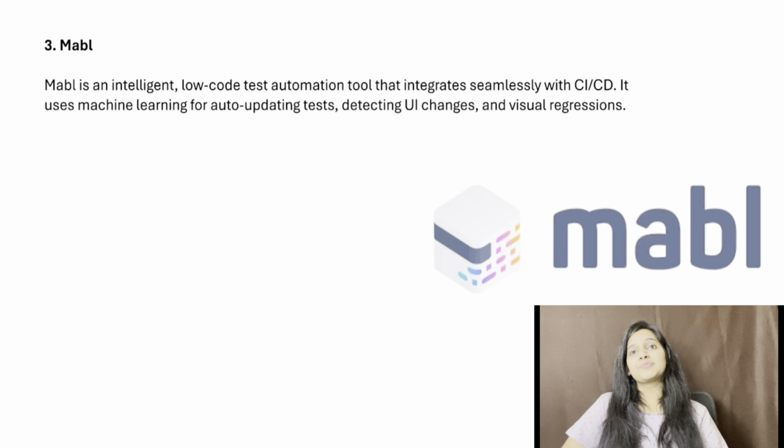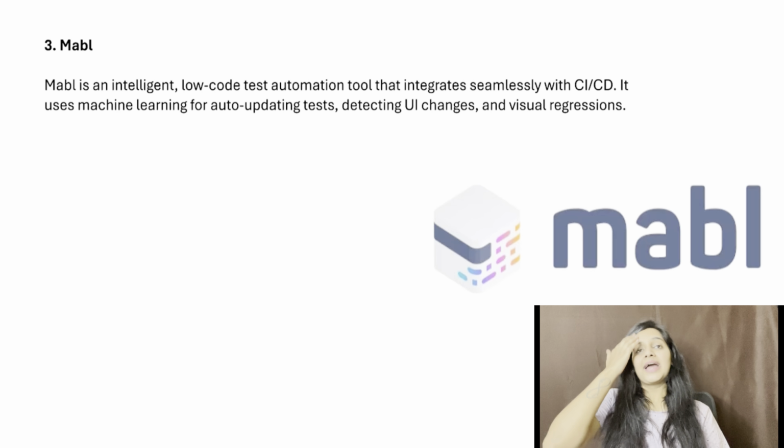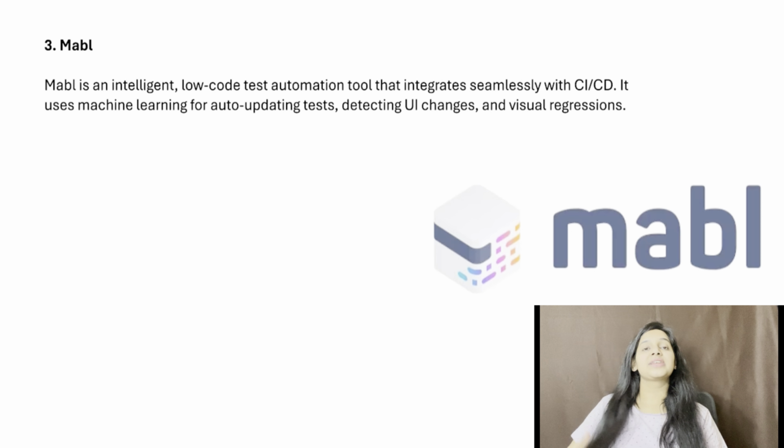So basically, it is a low-code test automation tool, you can say. With the help of machine learning, it can auto-update the tests, and then it verifies if there are any UI changes and visual regression. All these are possible with the help of the tool called MBEL.